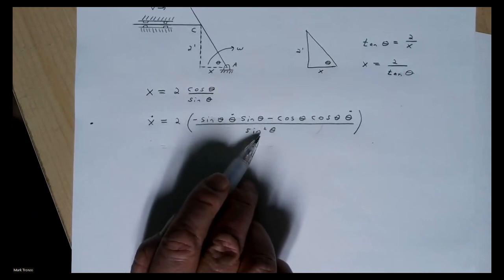Remember, quotient rule says we have to square the denominator.